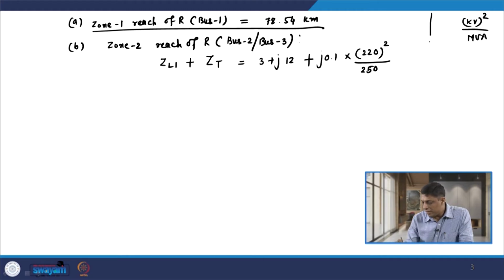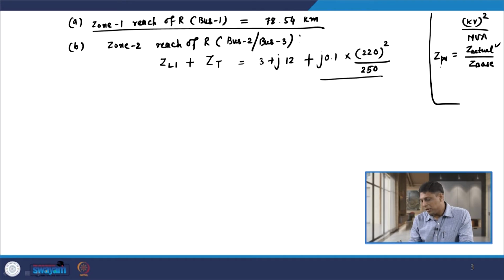We know that any value in per unit is given as actual value upon base value. So the value we have calculated is the actual value: we multiplied the per unit value, 10% or 0.1, with the base value given by kV square upon MVA.